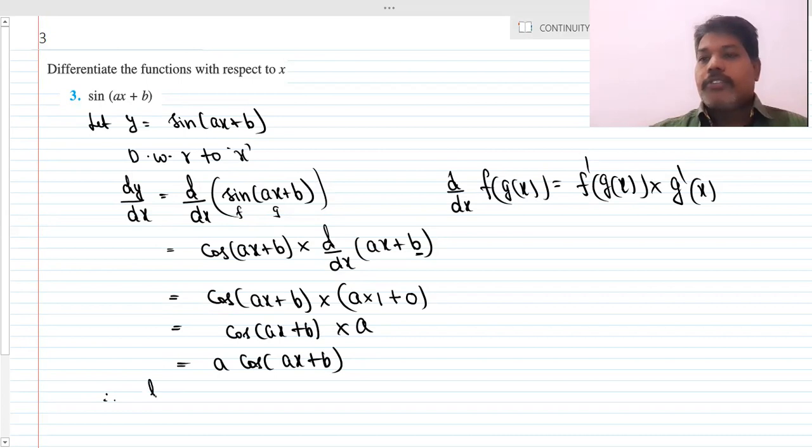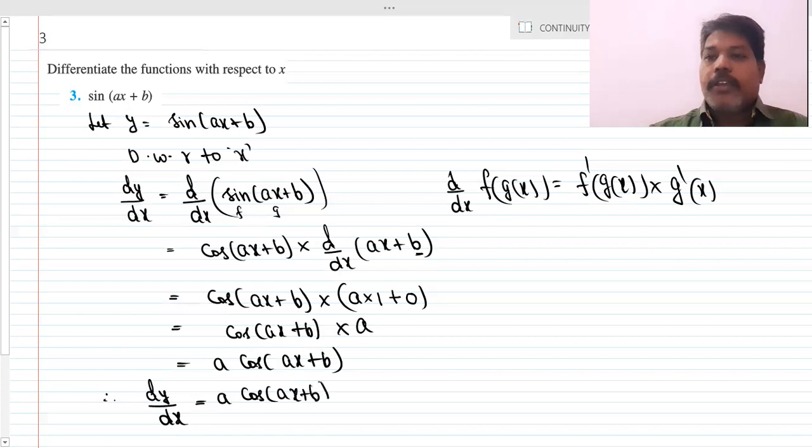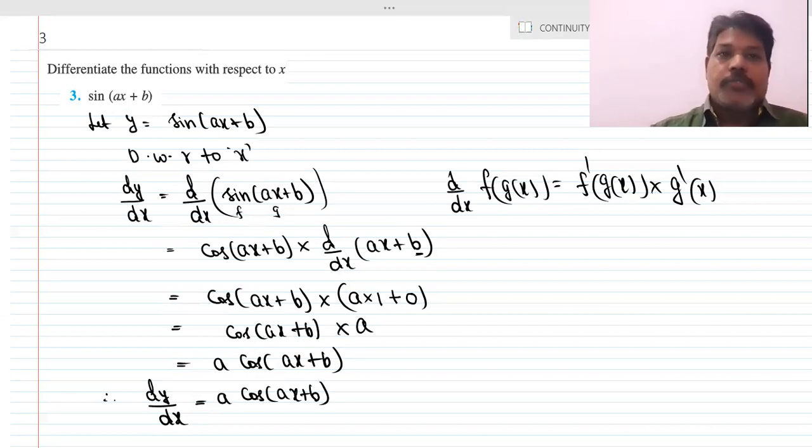Therefore we can write dy by dx is equal to a into cos of ax plus b. The derivative of sin of ax plus b is a into cos of ax plus b.